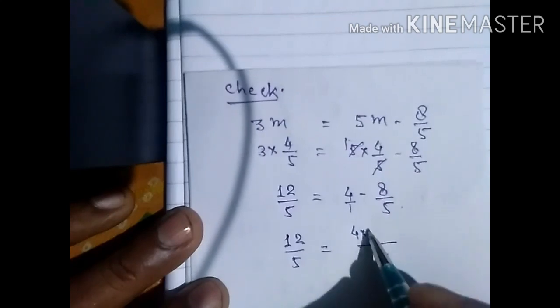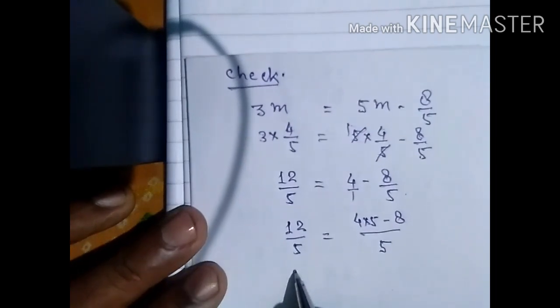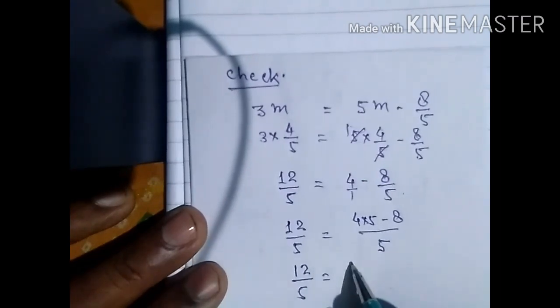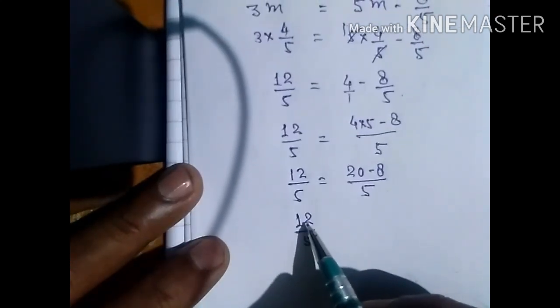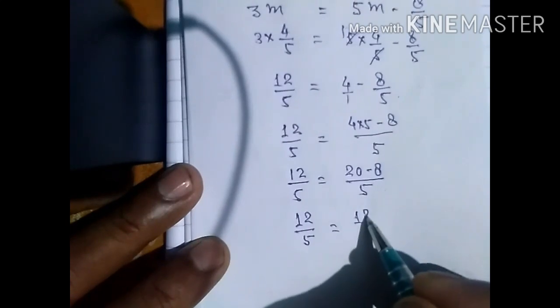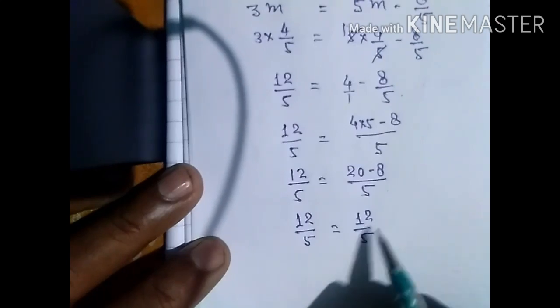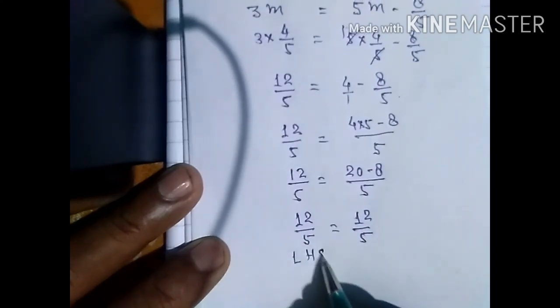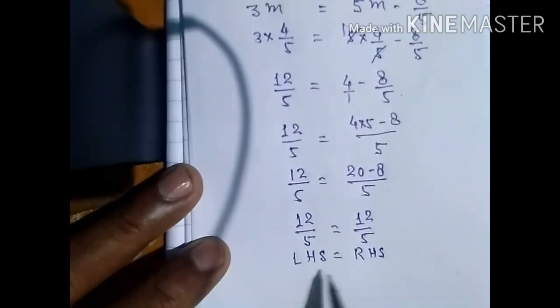So 4 into 5 minus 8, and in the next step it will be 12 by 5 is equal to 4 times 5 is 20, 20 minus 8 by 5. In the next step student, 12 by 5 is equal to 20 minus 8, that will be 12 by 5. So 12 by 5 is equal to 12 by 5. It means left hand side is equal to right hand side. So our solution is correct here student.